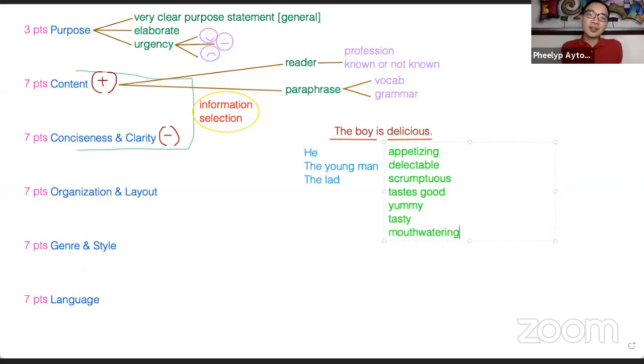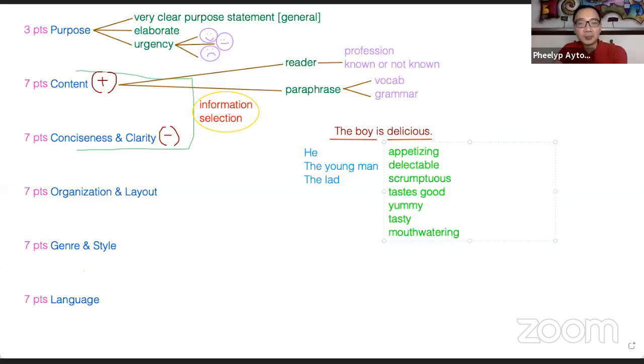Now, delightful is not necessarily about taste. Same thing as enticing, not necessarily. So if you know the vocab, if you know another way to say it, edi ikaw na, good for you. However, sometimes it's hard for you to select the right word for it, right?